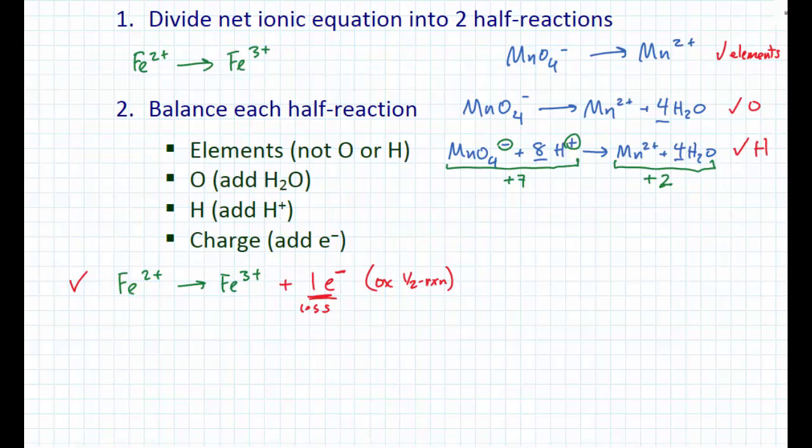So what do you think? What should I do with electrons? More electrons on the left side? We need more electrons on the left side because electrons are minus. We need to get that left side to plus 2. So we need 5 electrons. Yep. Everybody see how that works? MnO4 minus, 8 H plus, 5 electrons.